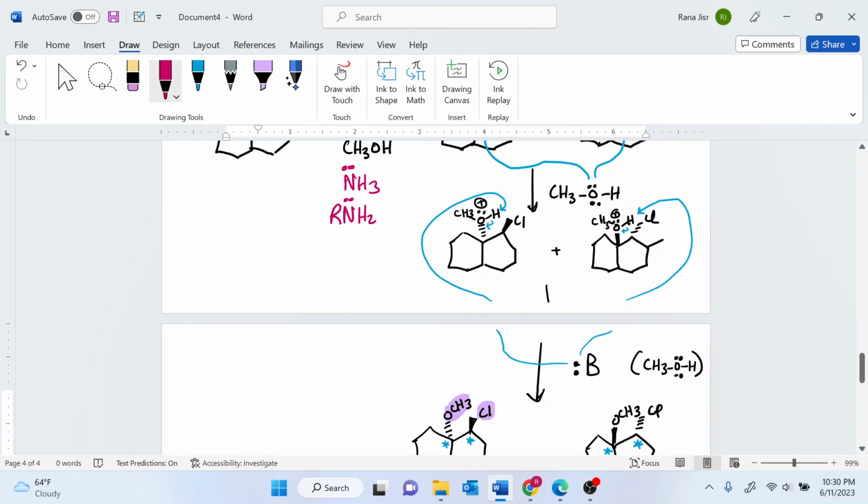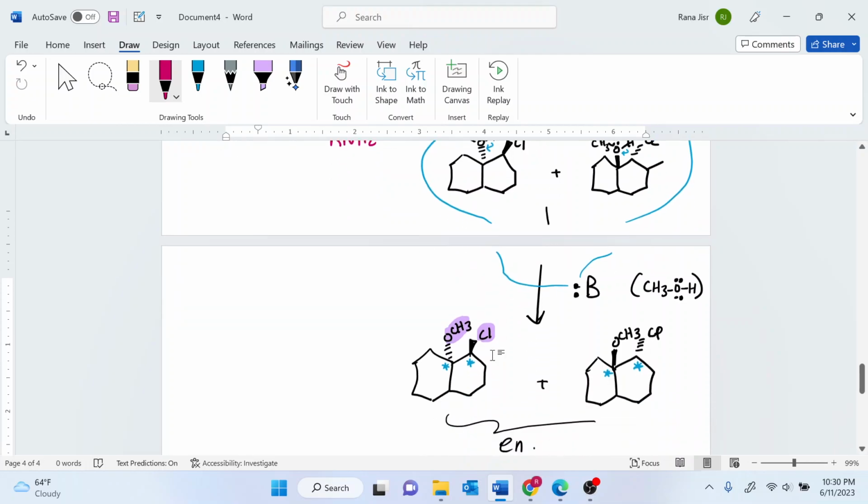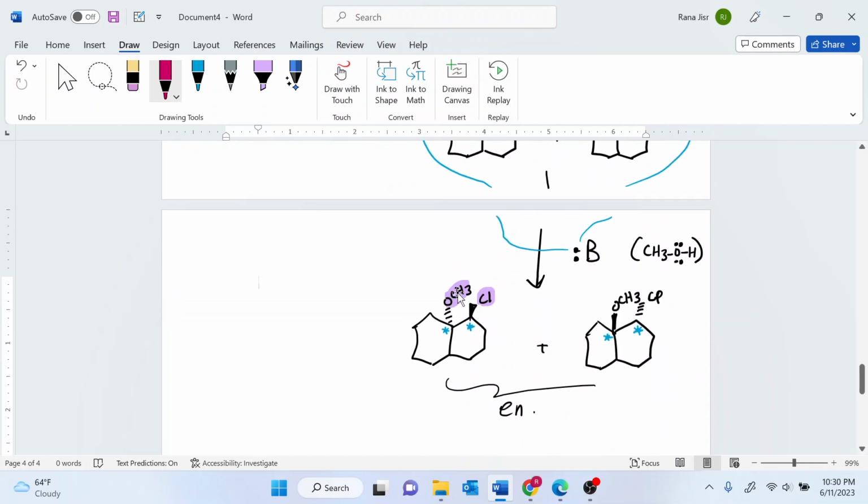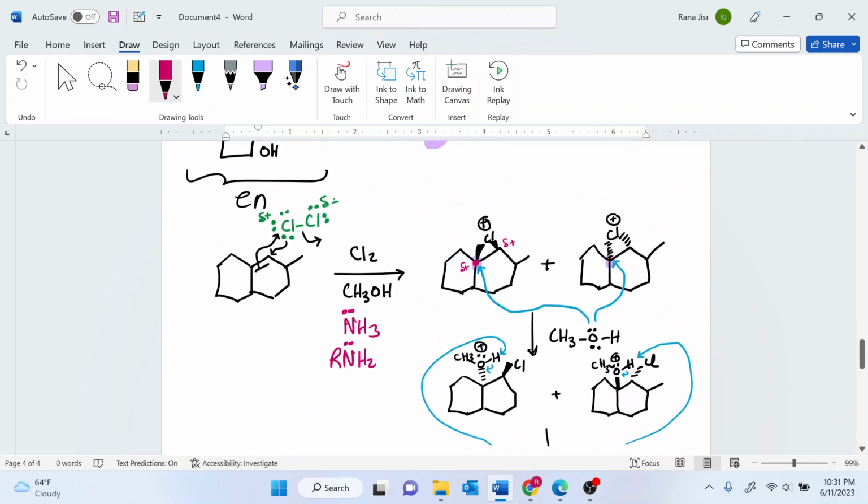Nitrogen will be positive. I'm going to use another NH3 to pull out the extra hydrogen of the NH3, and I'm going to end up with an NH2 in there. Again, they have to be trans. Every time I form a cyclic chlorinium, brominium, or any halonium ion, the attack of the nucleophile always needs to be on the opposite side of the cycle.